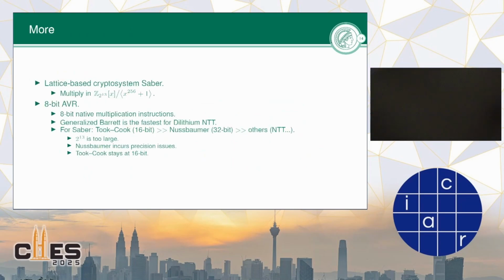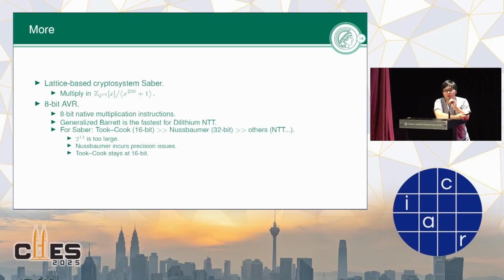In addition to Dilithium on Cortex-M3, we also apply the ideas to Saber, which is another lattice-based cryptosystem, but entirely operates over modulo power of 2. We also apply the ideas to AVR, which is more like a legacy line of microcontrollers. On an AVR, we only have 8-bit native multiplication instructions.